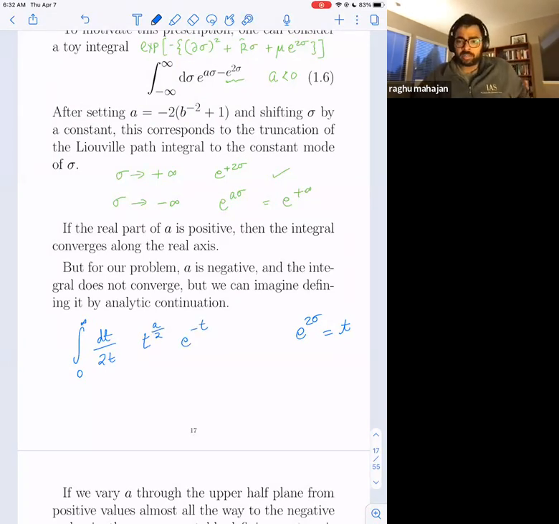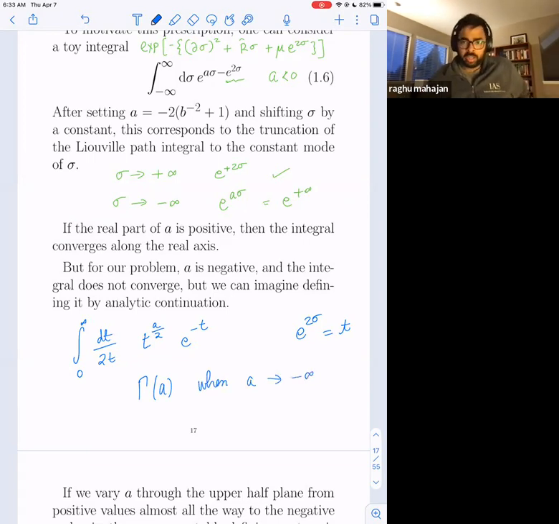This is just a gamma function integral. It's like gamma of a over 2 plus 1, but with a negative. And what we are trying to do is get asymptotics of gamma of a when a goes to negative infinity.